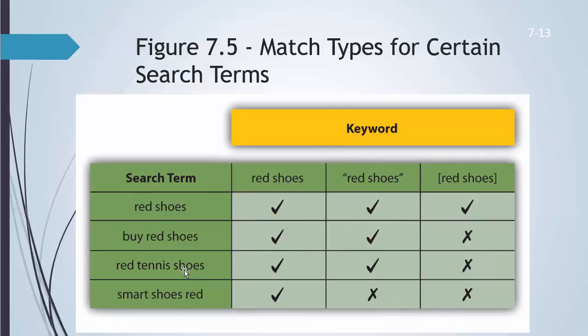I got red and shoes in this phrase. I got smart shoes red, but I don't have it in this order. So that didn't pull up. If somebody types this phrase, it's not going to show that advertising. Then we got exact matches. Red shoes, yes, but nothing else matches here. And so that's how you would hone in on what you want to get.